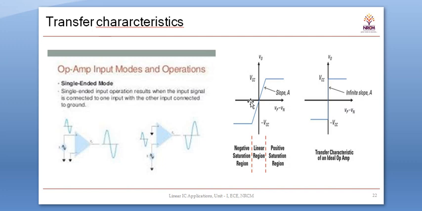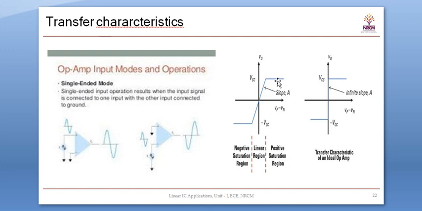Whenever the op-amp is in open loop configuration, as you increase the differential input voltage in the positive direction, that is when VID is positive, it increases linearly up to some extent, and after that it is going to saturate.